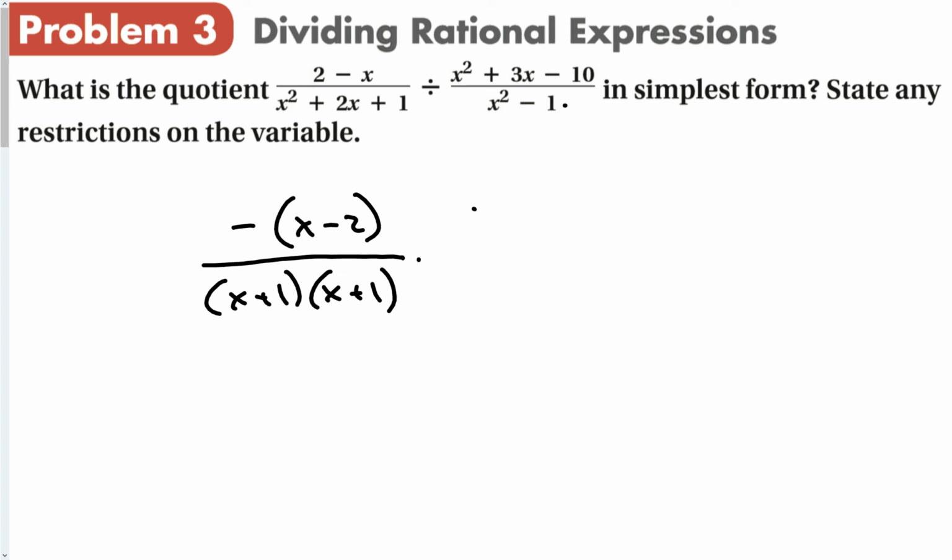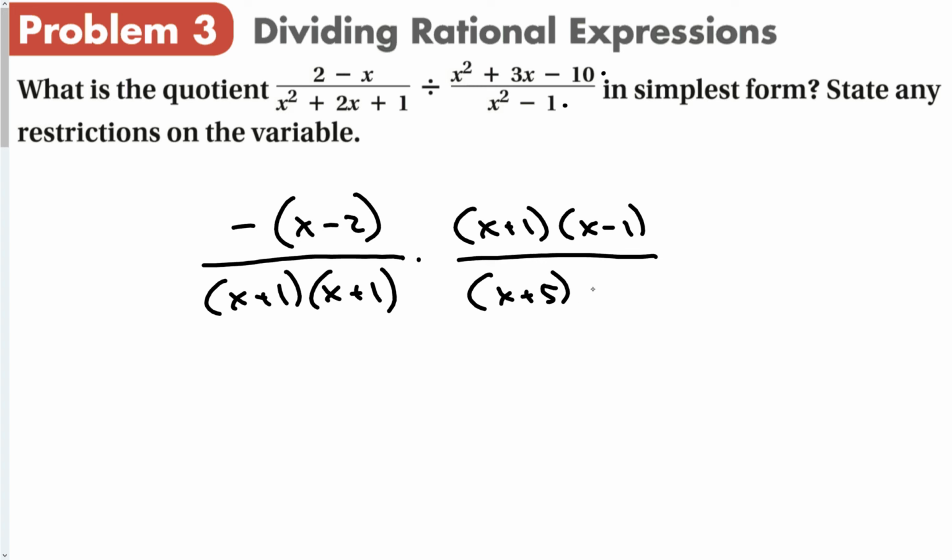That means this goes up to the top, so that's x plus 1, x minus 1, over factors of 10 that subtract to 3, which is x plus 5 and x minus 2. Now remember, this used to be in the denominator. This is in the denominator now. Okay, let's cancel.